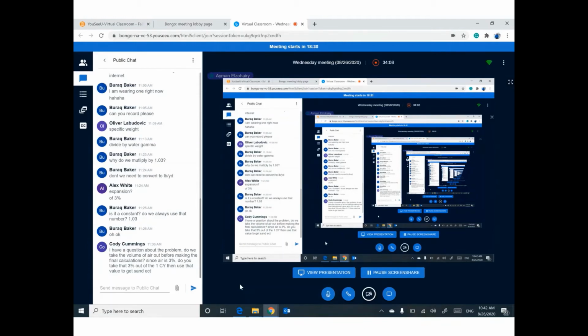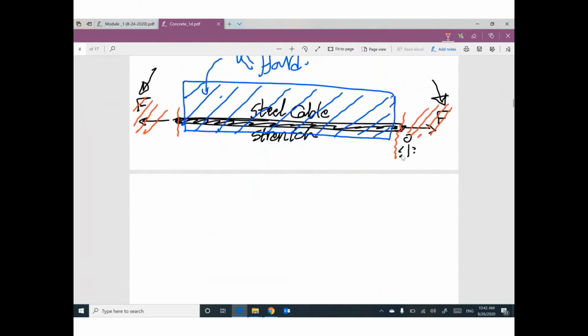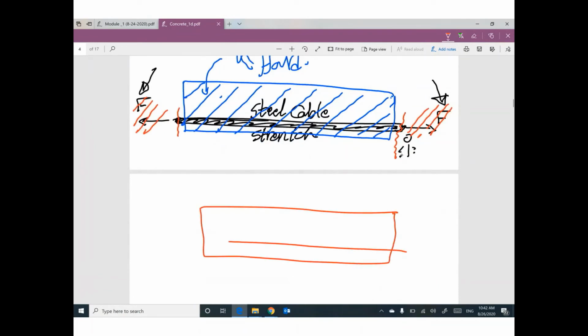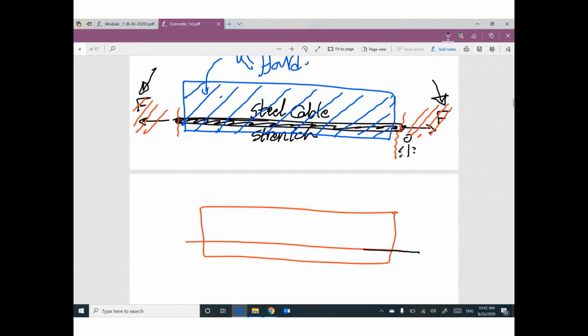My question right now is, what do you expect this steel cable to do on concrete? This steel cable would like to go back to the original position. So I expect the final situation is that this cable will apply compression on concrete, because this cable would like to go back.